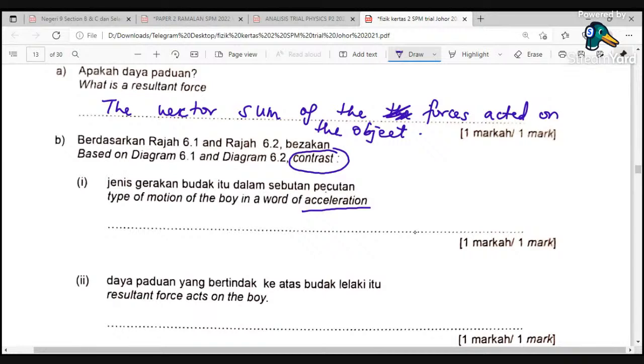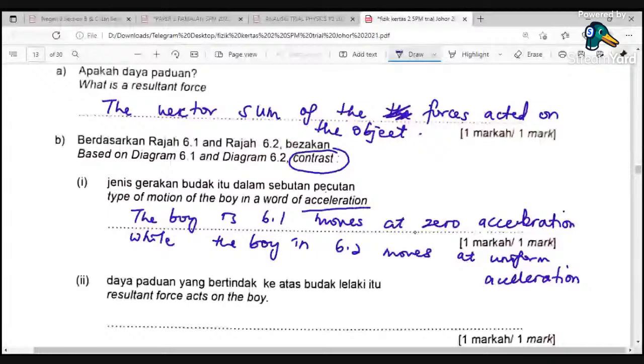The boy in 6.1 is in zero acceleration, the boy in 6.2 is in uniform acceleration.